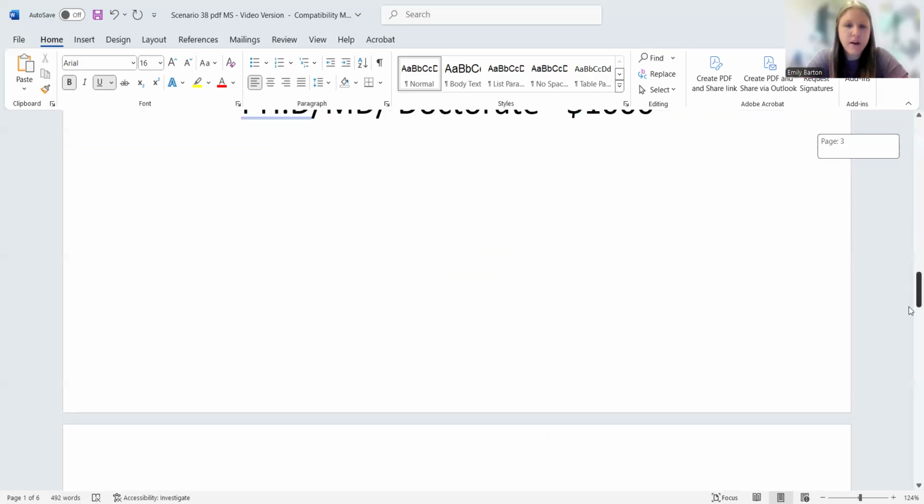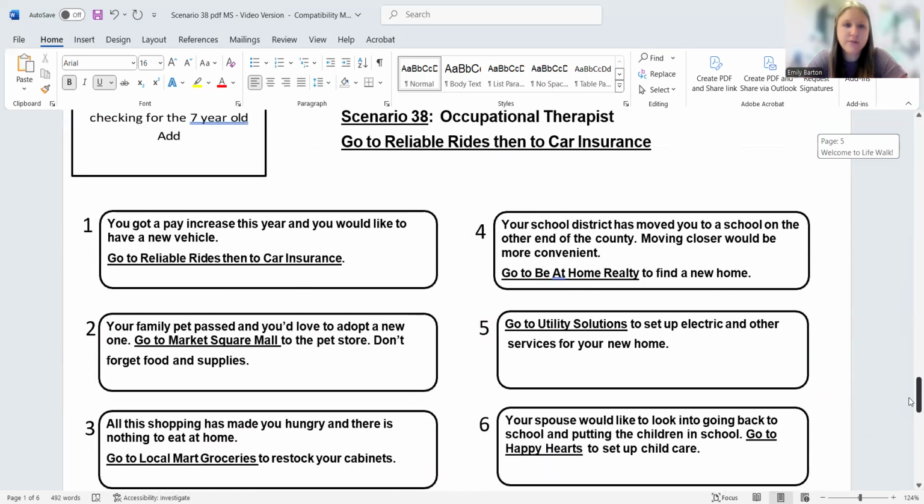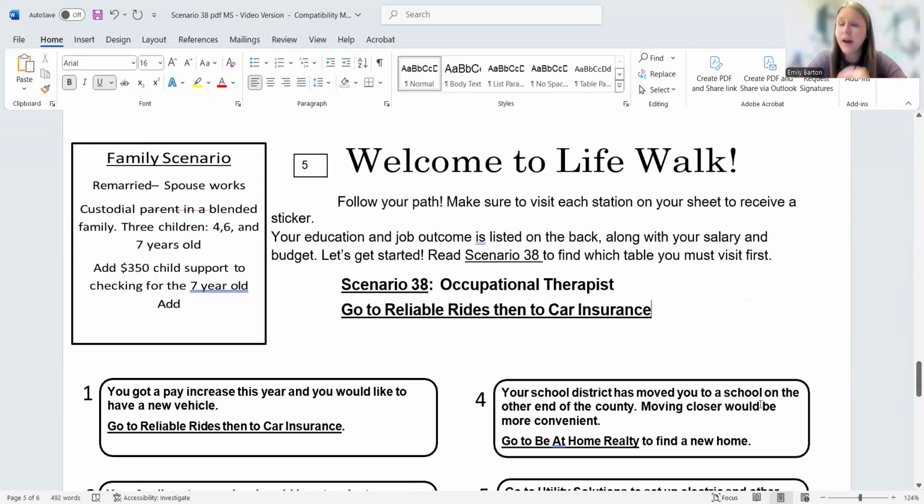Okay, so now that we've counted up our family scenario, we know how many people we have. We need to start working on adding up to our total balance. So for this, you need to look into your family scenario box and see if you have anything for child support. I have add 350.